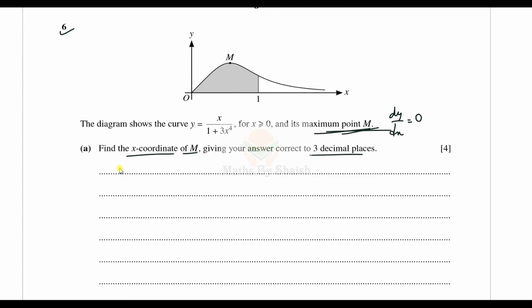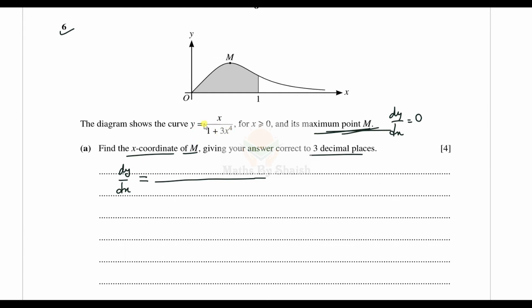So let's find dy over dx, and we know it is going to be the quotient rule, because it's numerator upon denominator. I'll tell you the quotient rule again, because I have explained it very nicely in the previous solved paper.